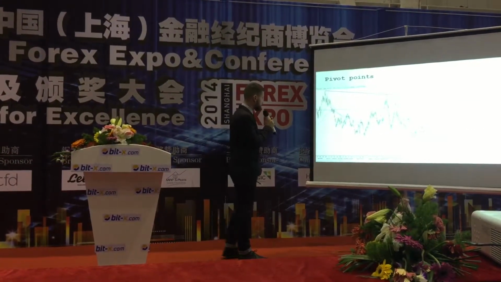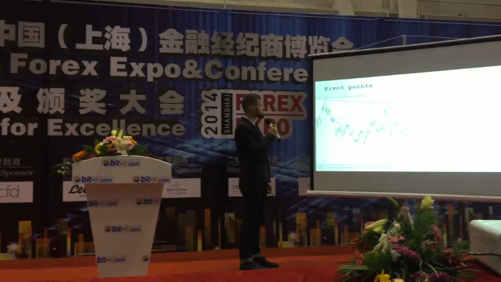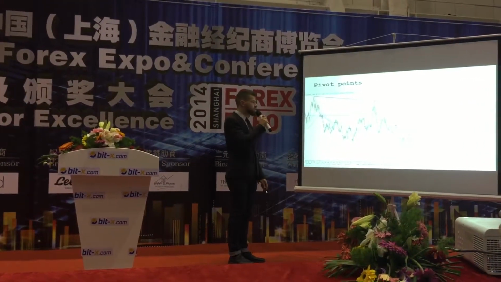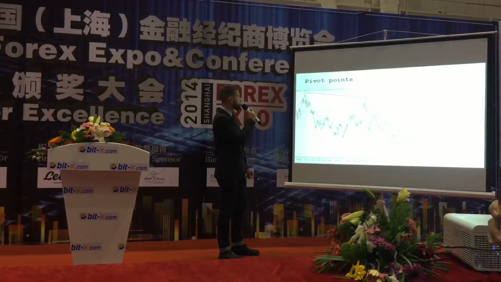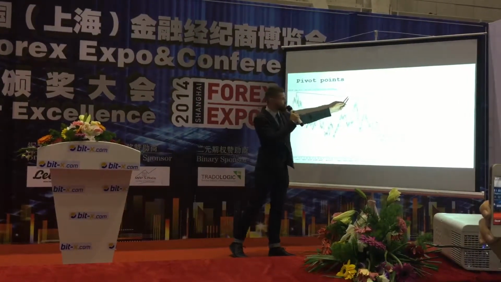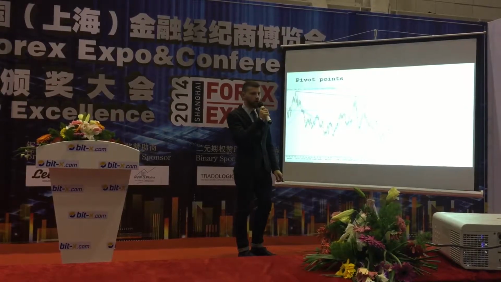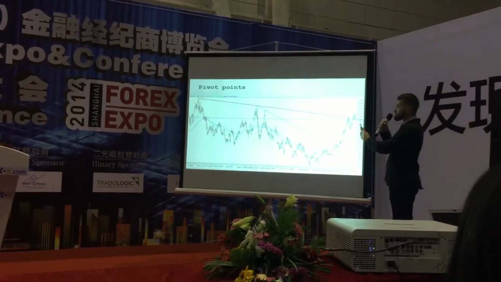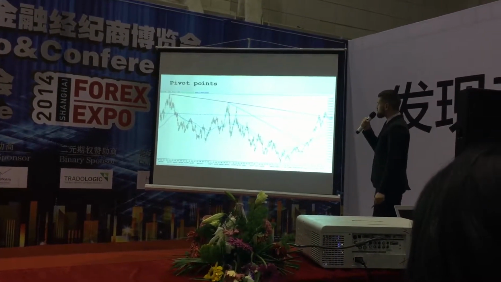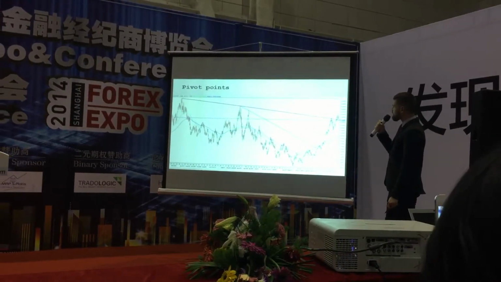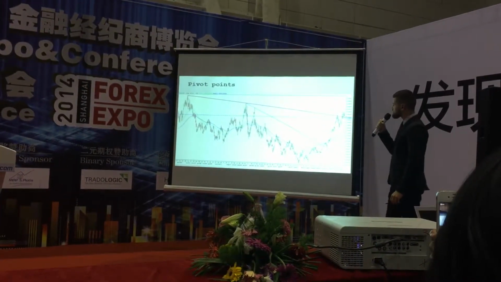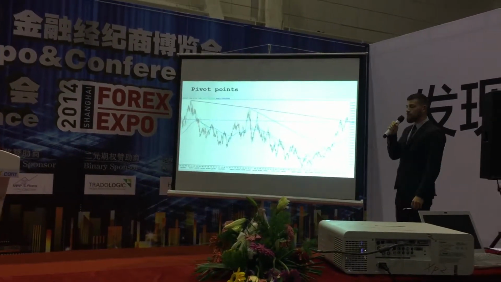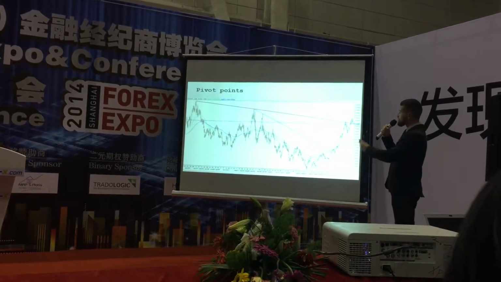What I did here is really simple. I connected the maximum levels of 2012 and 2013. Currently we are testing this area of 0.96. It's interesting that this pivot level works this way: once the price is above 0.96, the main target is the rising of the pair.